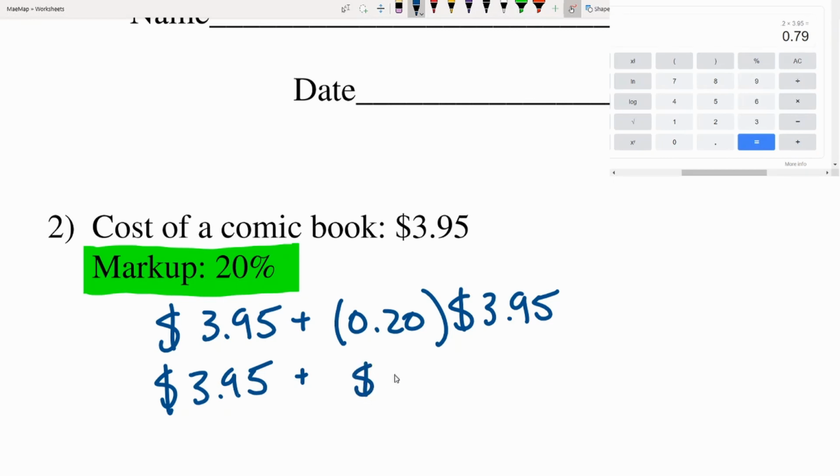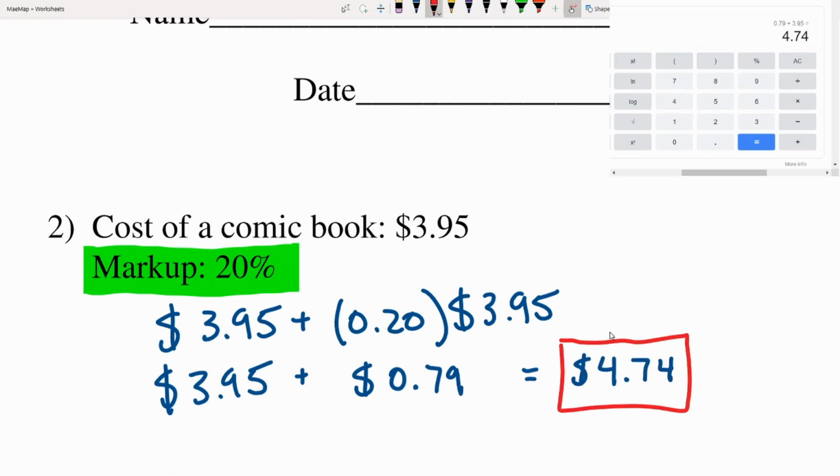So we're going to be adding $0.79, or 79 cents, to our original price. Taking that and adding it to $3.95 will give us $4.74. So again, all we're doing is taking that original amount and adding it to the marked up amount of the original.